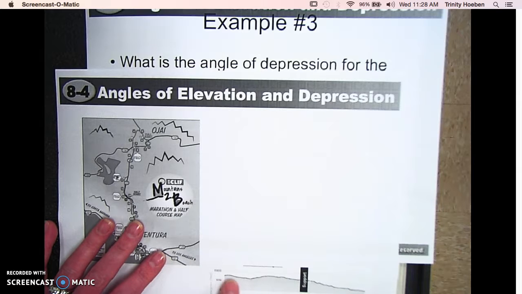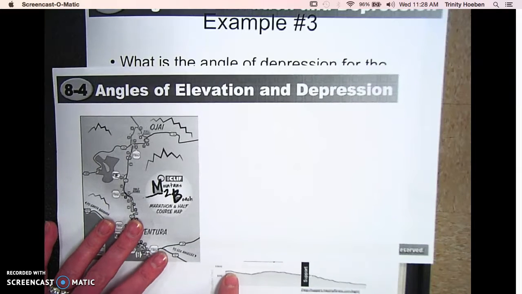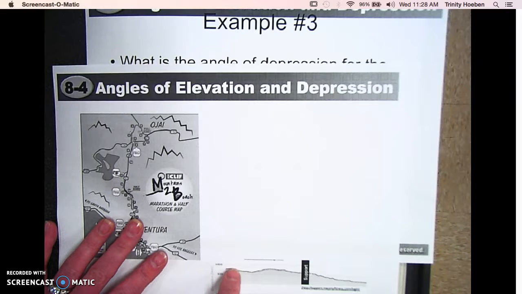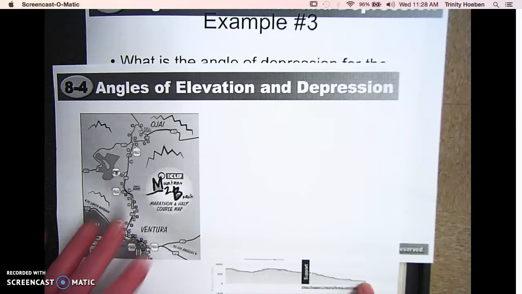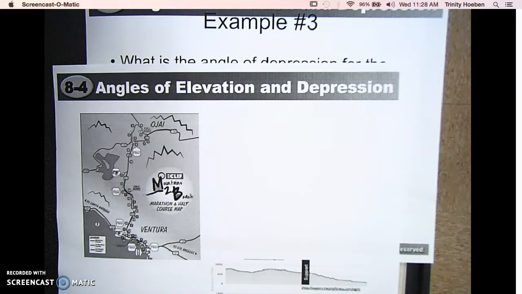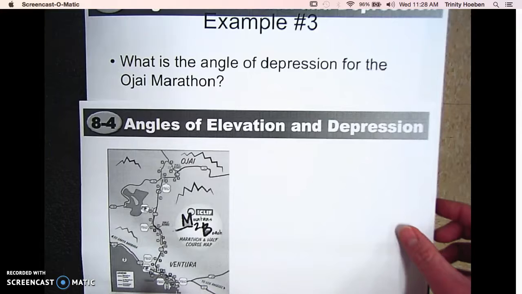All right? So you can see that you start at a high elevation, you kind of stay steady for a long time, and then you slowly go downhill, and then when you get towards the bottom, you kind of go flat again. Okay? So this time, we're going to calculate the angle of what? Depression, because we're going down.